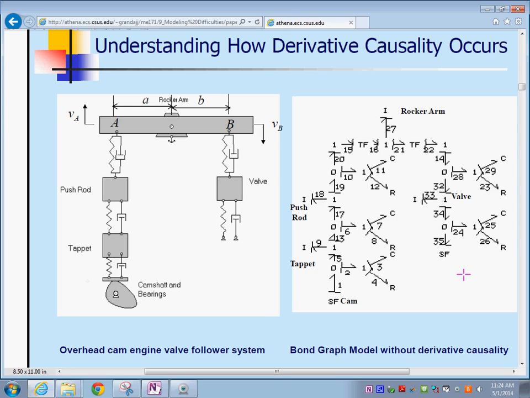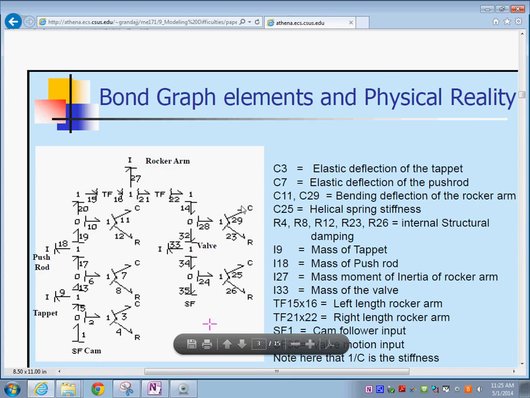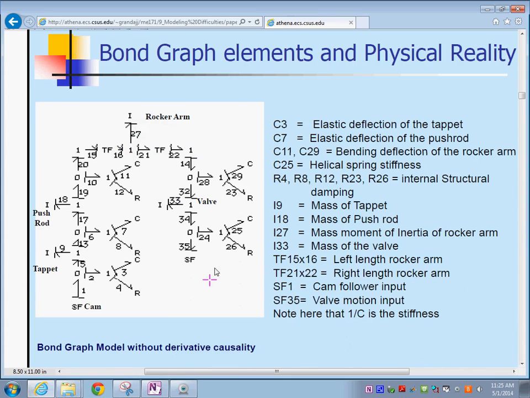But rather, if I start with a normal system and I change it, I can then discover and understand better why derivative causality occurs. What I'm trying to say is that, well, this is the same bond graph, but I put the names on each one of the elements, but that's the same one.